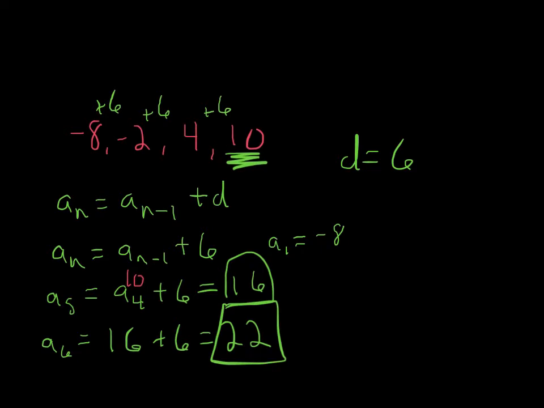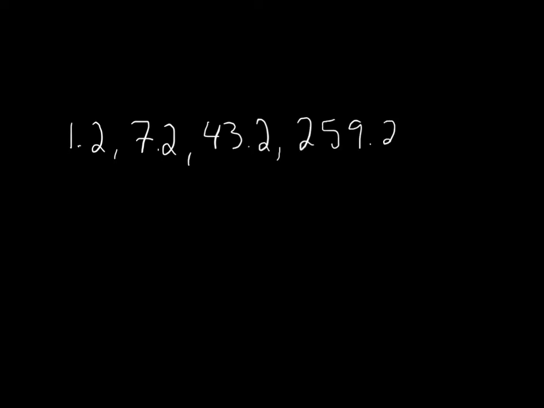Okay? So let's look at another sequence. Let's say we have 1.2, 7.2, 43.2, 259.2. Now, if you look at this, it should be fairly easy to see that it's not arithmetic.